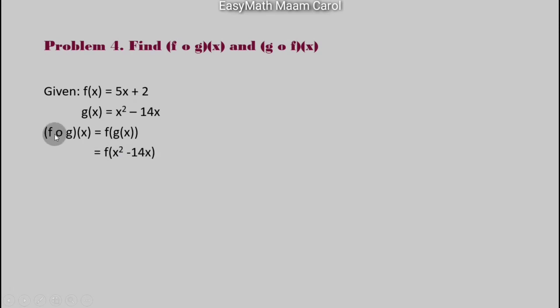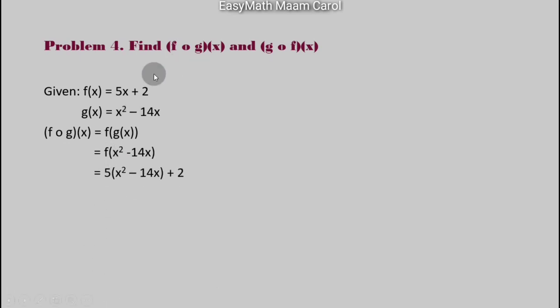Tingnan nyo yung transition na f of g of x, which is f of the quantity g of x, tapos yung g of x na yun yung pinalit natin dun sa loob. So, ano mangyayari? Ito yung susundin natin, pero instead na x lang, ilalagay natin yung buong expression na yun kapalit nung x. So, this is what happens.